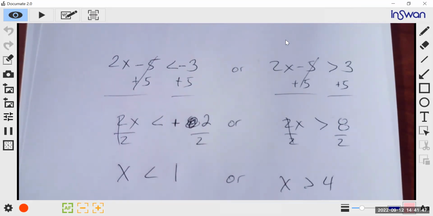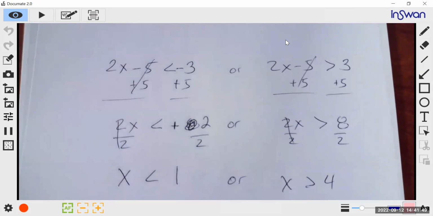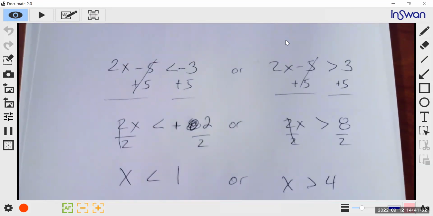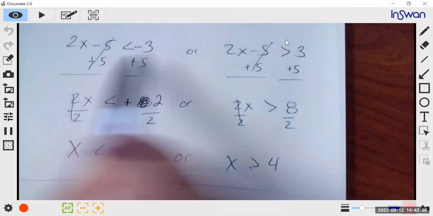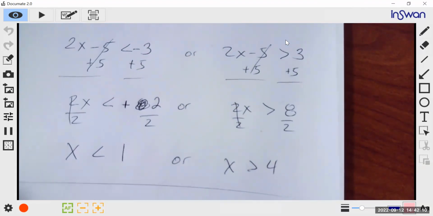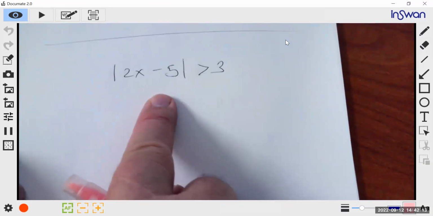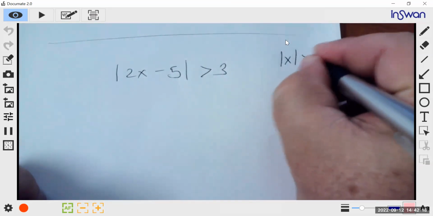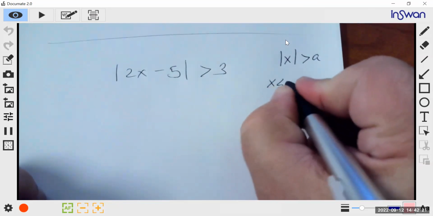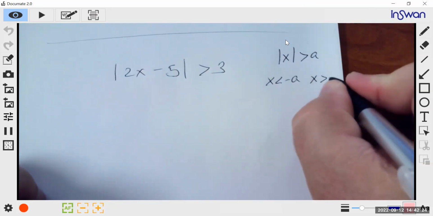That's just mechanics. So the problem is going from here. Because if I give you this part, you can work them out. This is only one step from this. Absolute value of x is greater than a. So x will be less than -a, x will be greater than a.